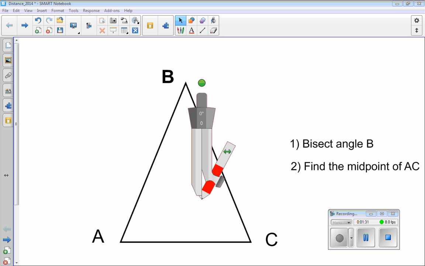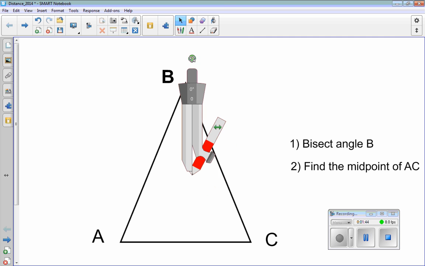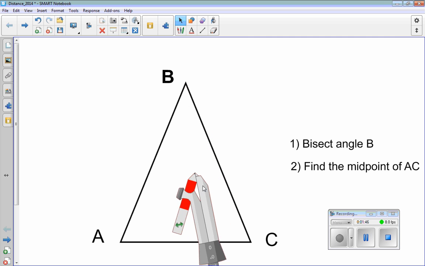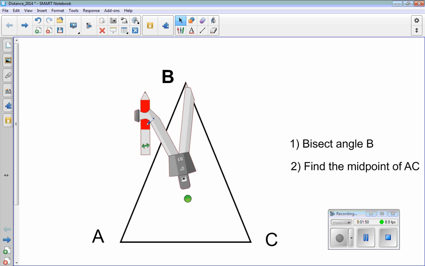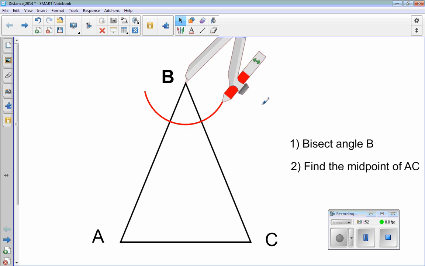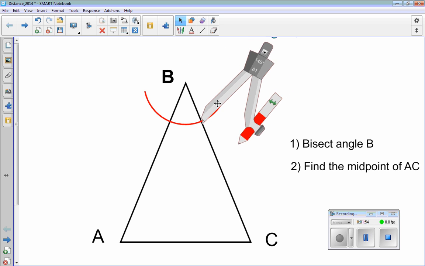So if we're simply going to just bisect the angle, let's start with that. And it's not going to let me do that for some reason. I have no idea why. It's going to want me to do it from all the way back here. So if I want to bisect this angle, remember what you do. You're going to make an arc across, and then you're going to move it here.